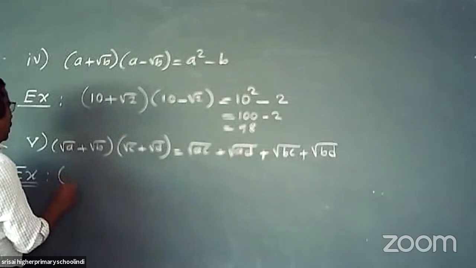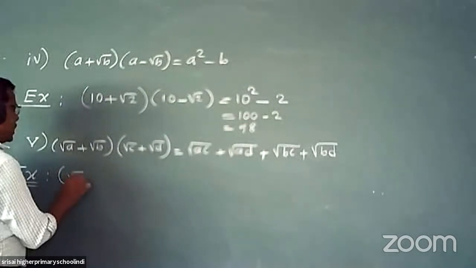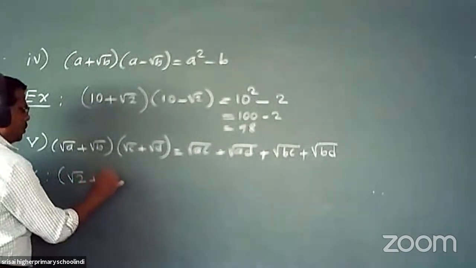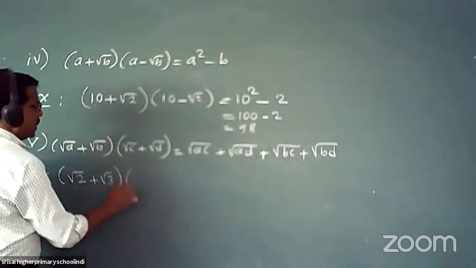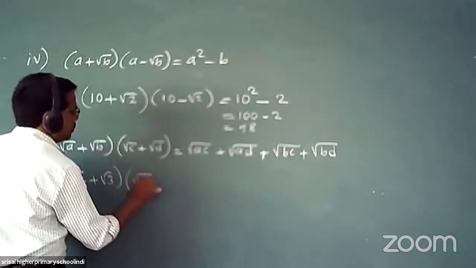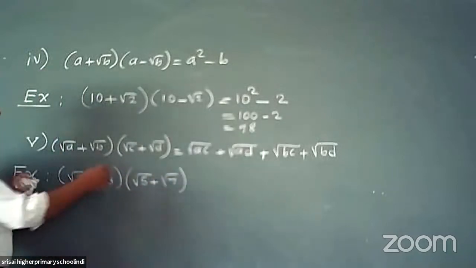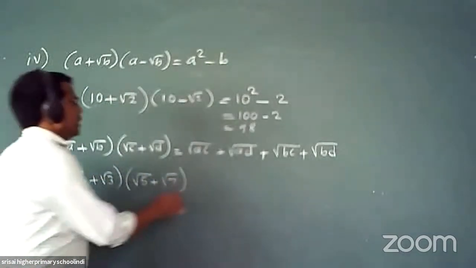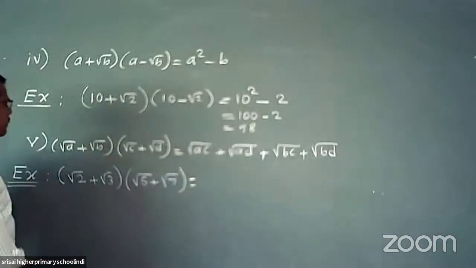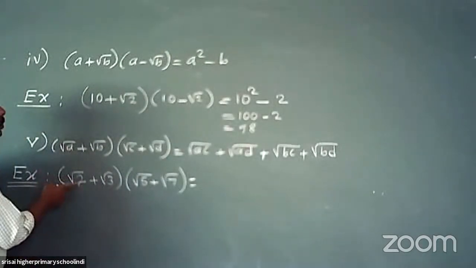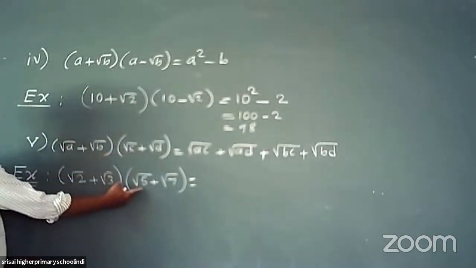So I'll take square root of say 2 plus square root of 3, in this bracket, square root of 5 plus square root of 7. You can take any example. Now, square root of AC, where is A? A is 2. C is 5.